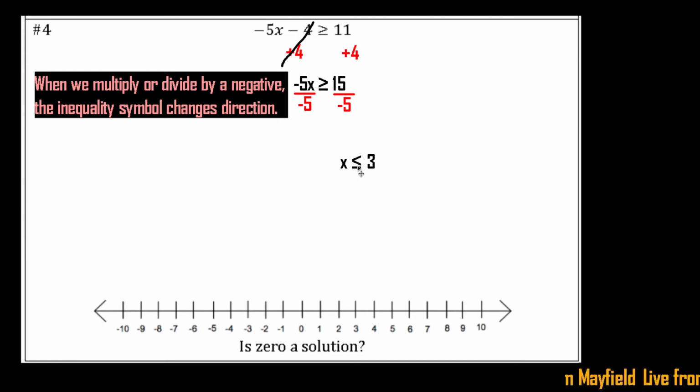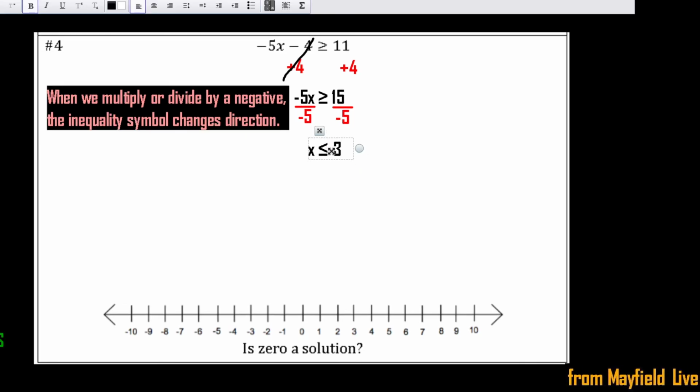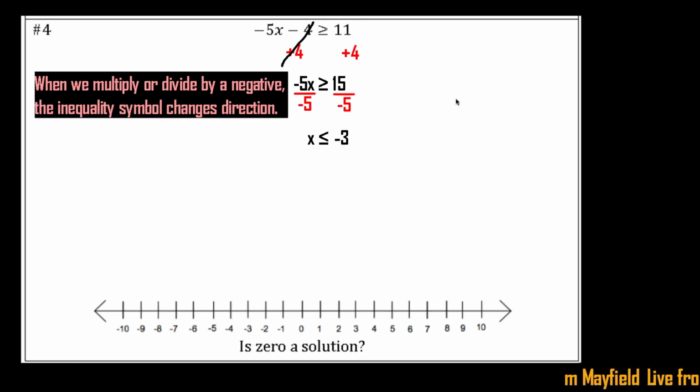So we're going to say that x is less than or equal to positive 3. Or excuse me, that should be a negative 3. Negative 3. Again, be careful as you're doing this for yourself. So again, I had added 4 to both sides. I have negative 5x, 15, divide both sides by negative 5. Inequality symbol changes, and I have 15 divided by negative 5 is negative 3. Okay, now we're good.